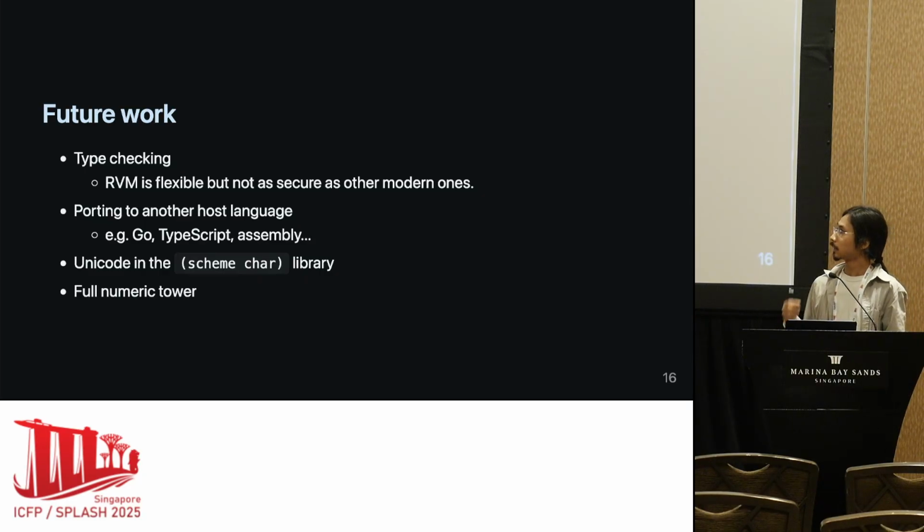Another thing is that we implemented the virtual machine only in Rust for now, but to actually prove the portability, we are planning to port the virtual machine to other host languages, including Go. There are also some other small discrepancies with the full R7RS standard.